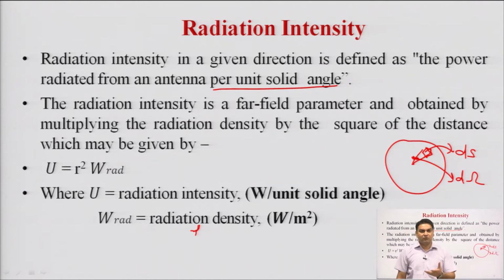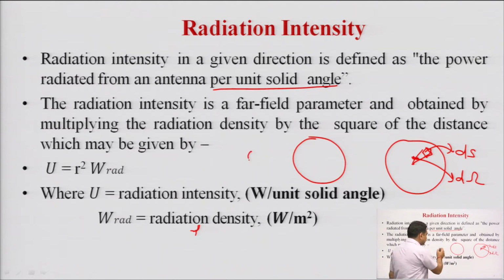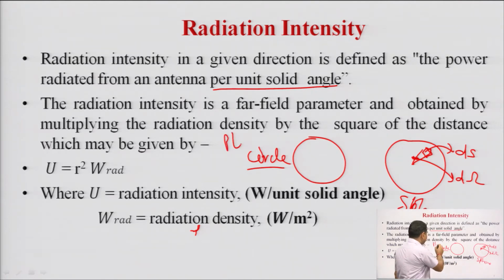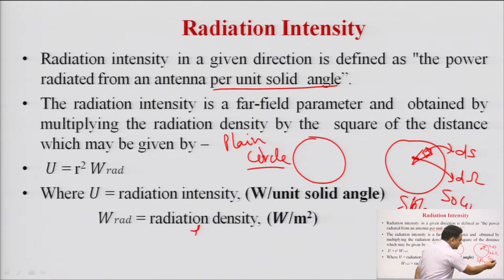As we all know, for a particular plane angle, there are two kinds of angles. One is plane angle and the second one is solid angle. Plane angle is defined for a circle. This is a circle and this is a sphere. It means this is a plane figure and this is a solid figure.